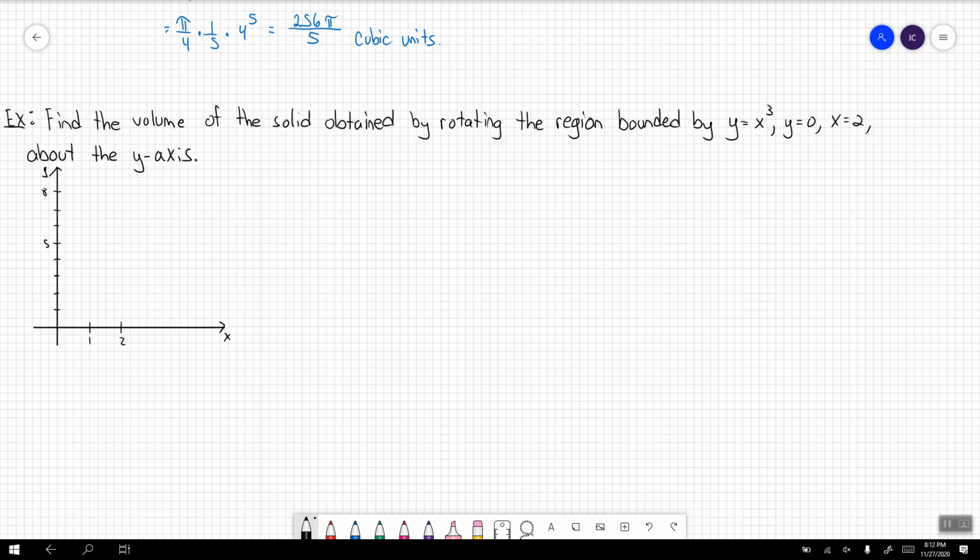Okay, so we have y is equal to x cubed. That's again your cubic function, so if x is 1, then y is 1. And if x is 2, then y is 8. And if x is 0, then y is 0 as well.